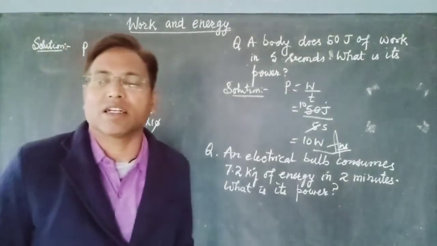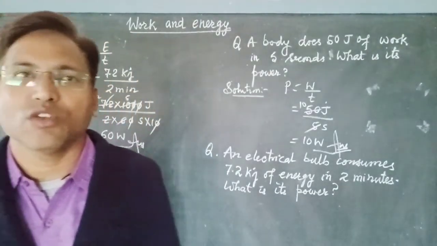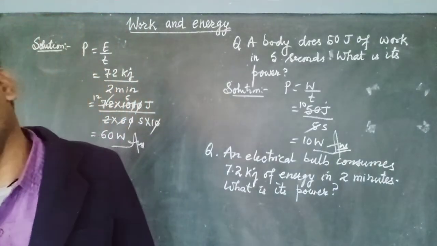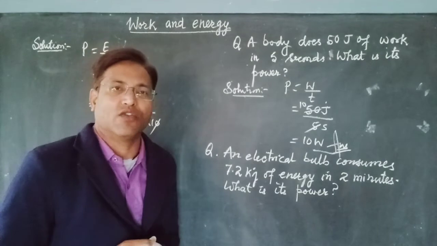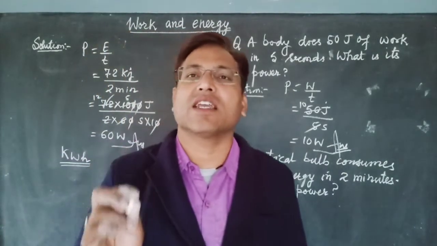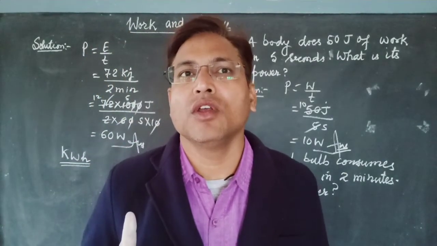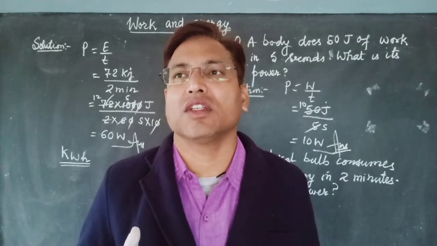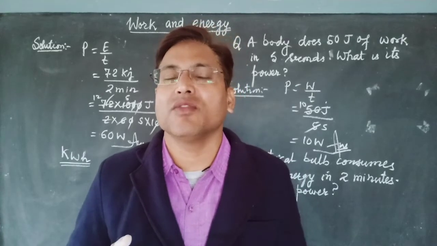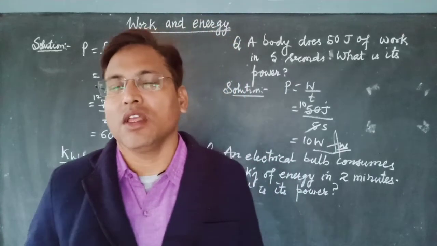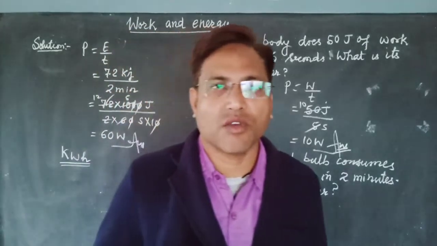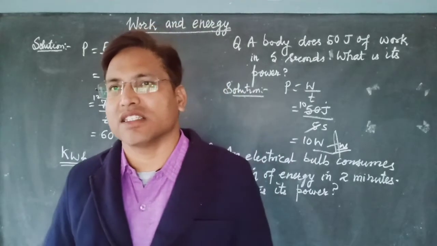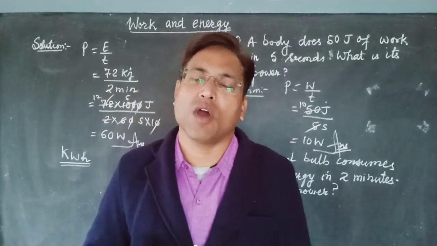the unit for commercial electric consumption is kilowatt hour, and we define it this way: when an electrical appliance consumes energy at the rate of 1 kilowatt for 1 hour, then we call it 1 kilowatt hour.